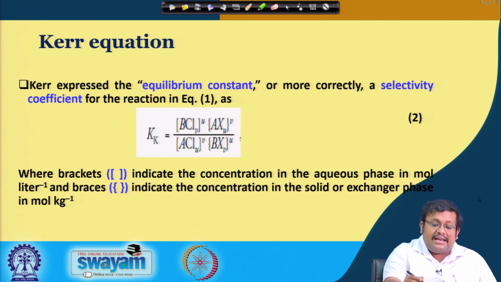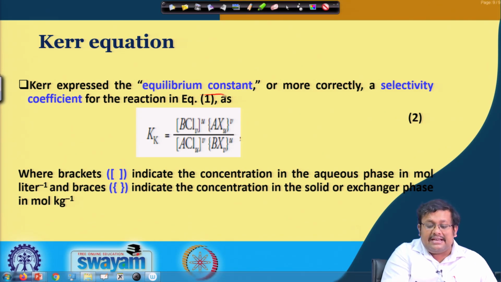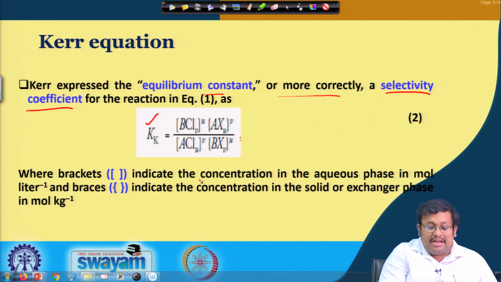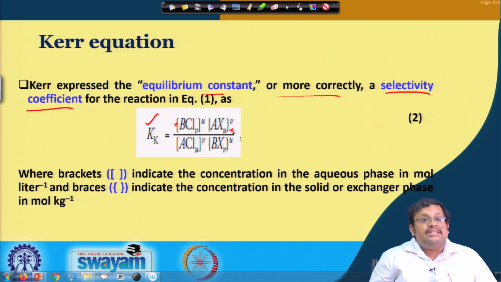Kerr expressed the equilibrium constant, or more correctly a selectivity coefficient, for that equation, and he denoted it as Kk, which takes this formula. In this formula, the brackets indicate the concentration in the aqueous phase, and the braces represent the concentration in the solid or exchanger phase.